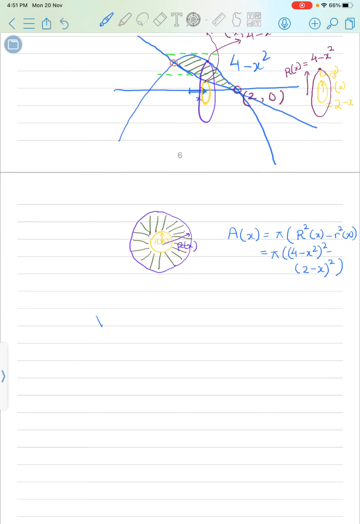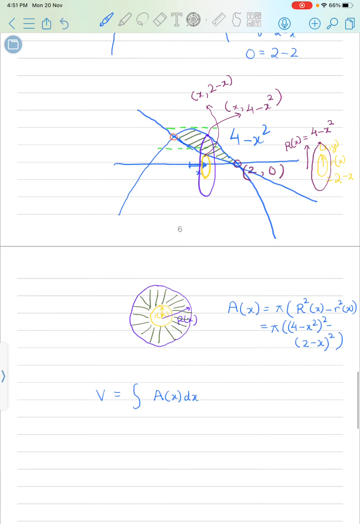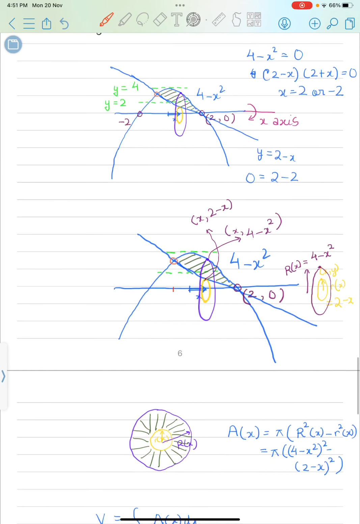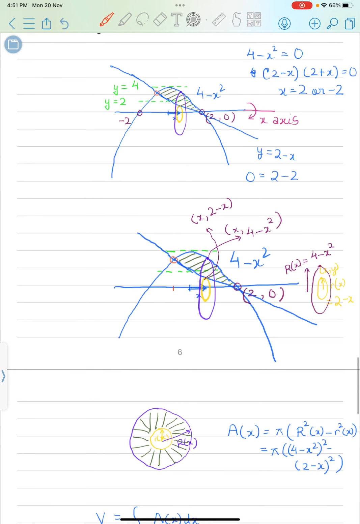So now you can find the area by A(x) dx, and this integration is from this point to this point, x is equal to 2, that's fine.